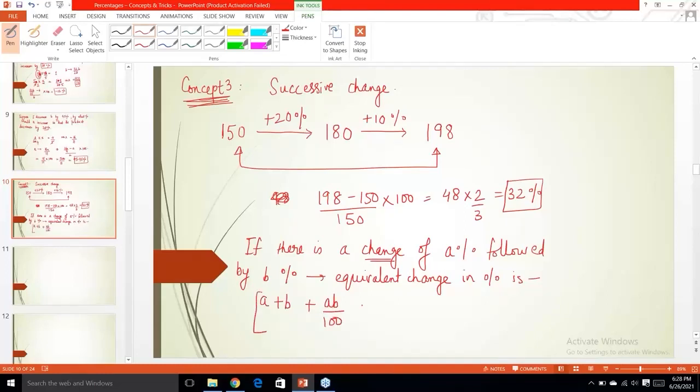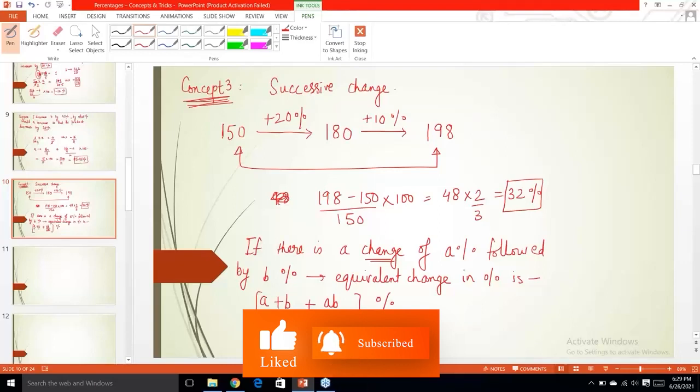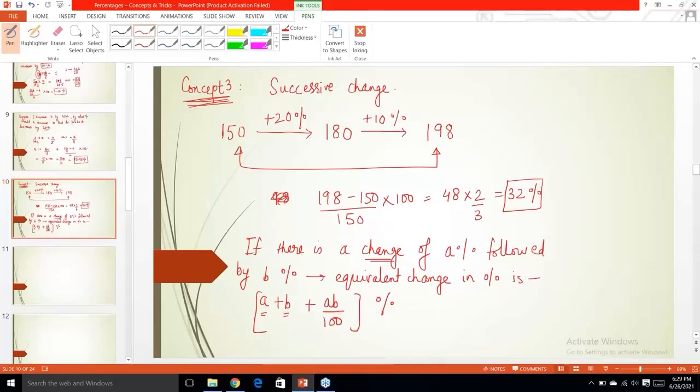Okay. Now, an important thing to note: whenever it's an increase, you will write A as positive. If both A and B are increases, both A and B will be positive. If both are decreases, then you will write minus A and minus B in this formula, right? So replace A or B or both with minus A and minus B, depending on which is a decrease, right?